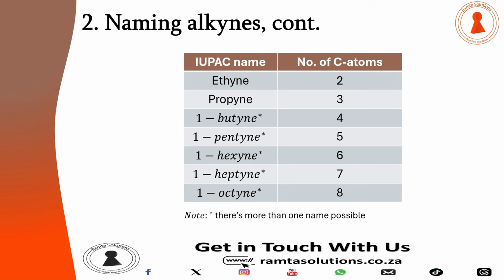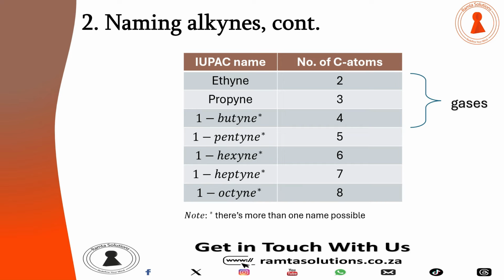These are the ones which are most common. And I need you guys to know this: the first three alkynes are gases at room temperature, and the rest of them are liquids at room temperature.